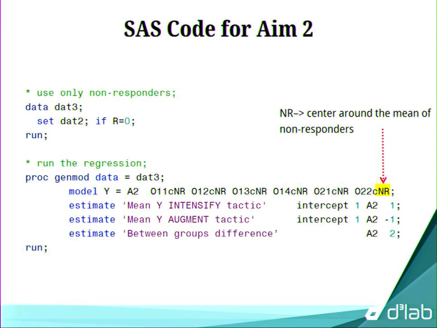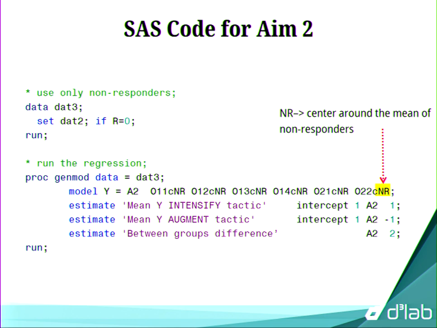First, I'm asking SAS to restrict the data to only include my non-responders, because this scientific question is only about my non-responders. That's what I do here. And then, again, I ask SAS to use the GenMod procedure on the restricted data.